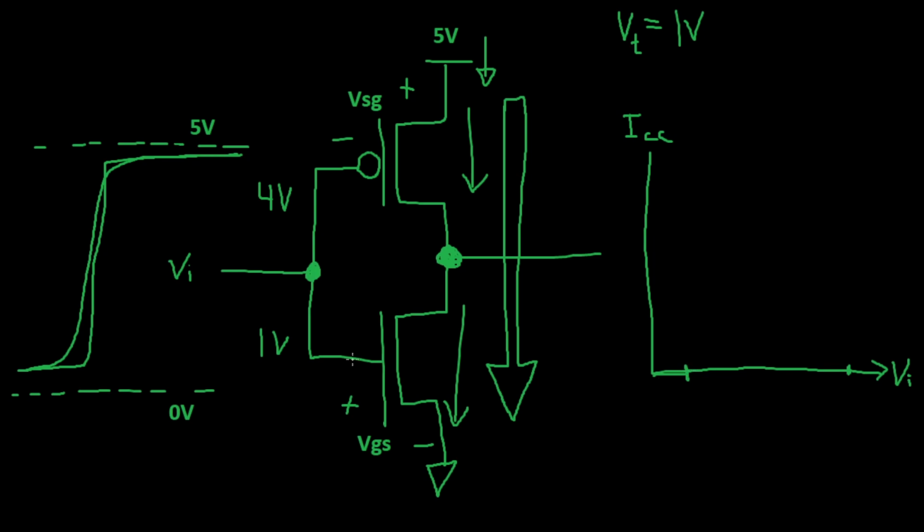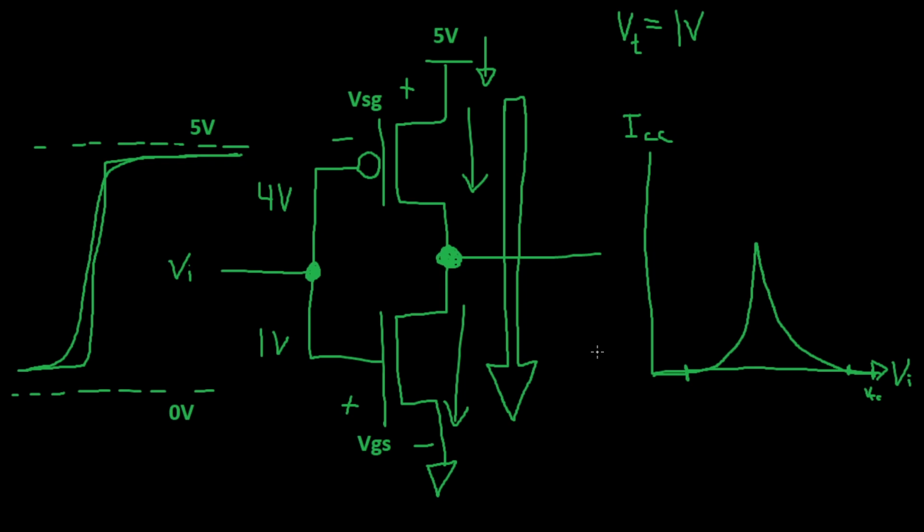As we pass that first threshold, we'll see that the PFET is turned on all the way, and the NFET will really control how much current can flow. Current will spike up very high in the middle when both devices are turned on to their maximum extent, and then the PFET will start to turn off as the voltage continues to increase, and eventually the PFET will turn off completely when we get to that threshold value, all the way up until we get to VCC up here.